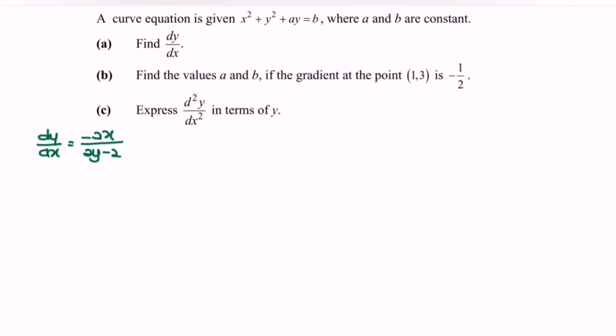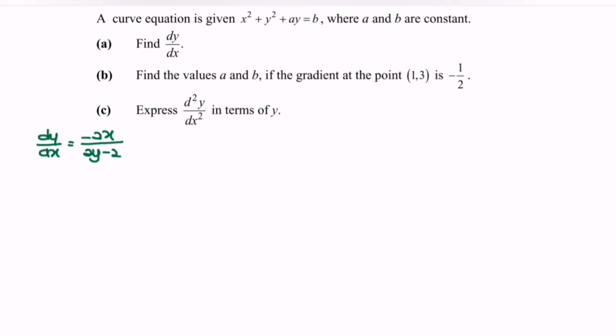Now we are going to discuss question C. Express the second derivative in terms of y. Previously in a and b, we already defined dy/dx and the values of a and b. So the first derivative equals negative 2x over 2y minus 2.